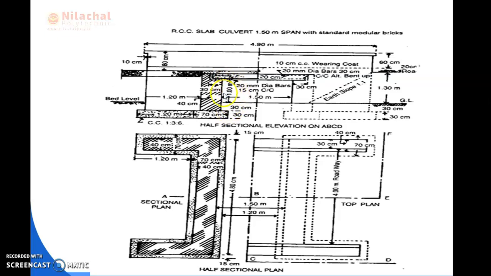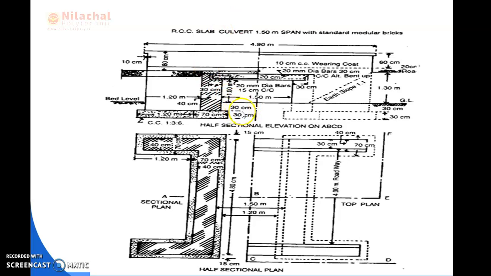So first we convert centimeter to meter. 30 centimeter equals 0.30 meter, plus 1.0 meter, plus the slab thickness of 20 centimeter, which is 0.20 meter.